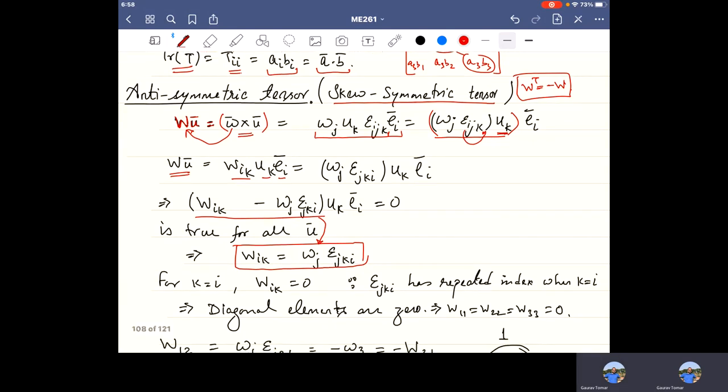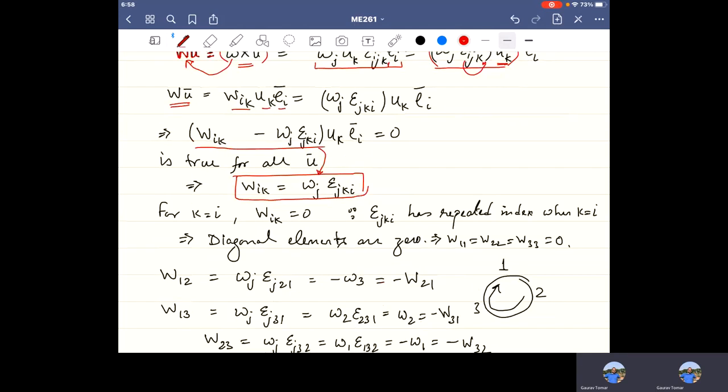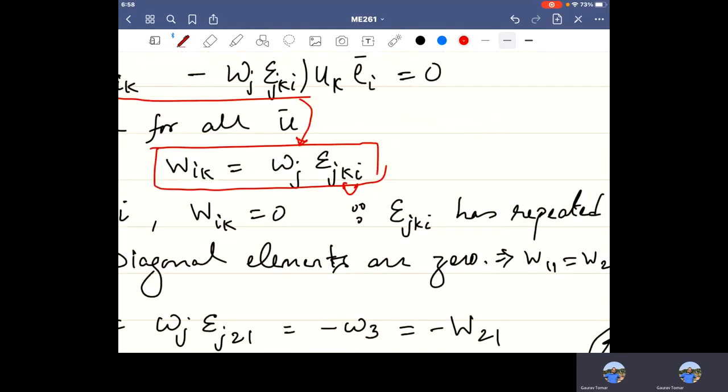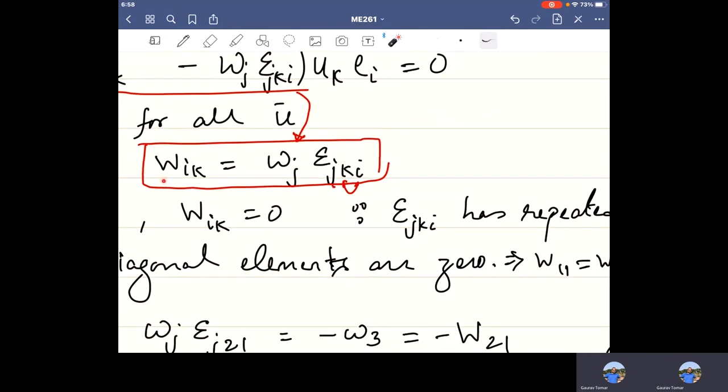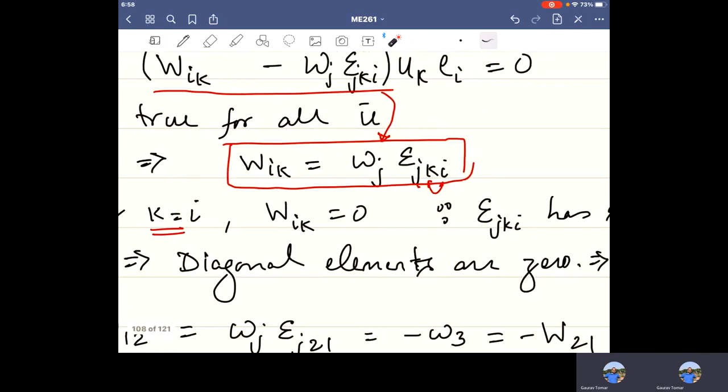So we get this. Now what we say is that if k is equal to i, epsilon would have a repeated index. Repeated index would mean that this quantity will go to 0. So you can say from here that Wik, if k is equal to i, will reduce to 0. That means the diagonal entries of the tensor would be 0.